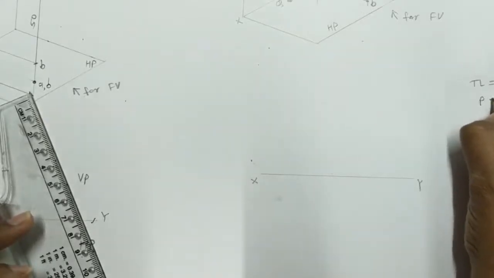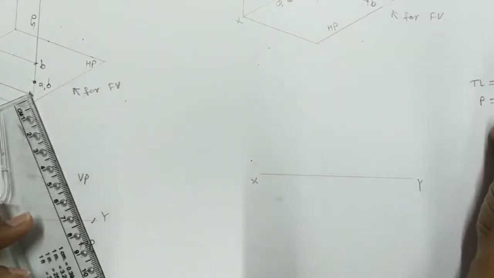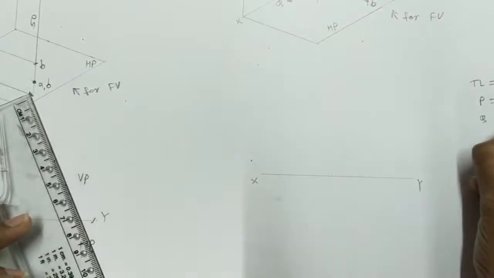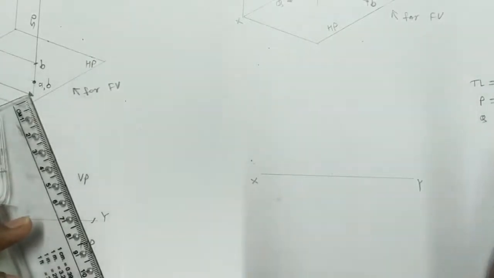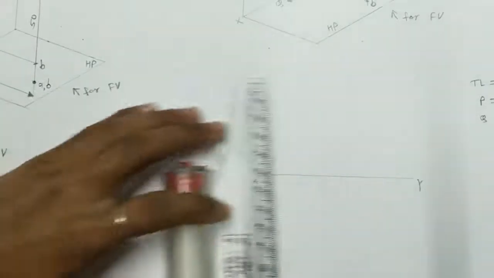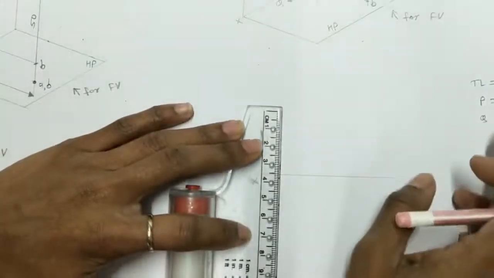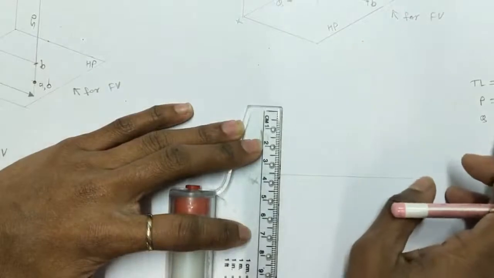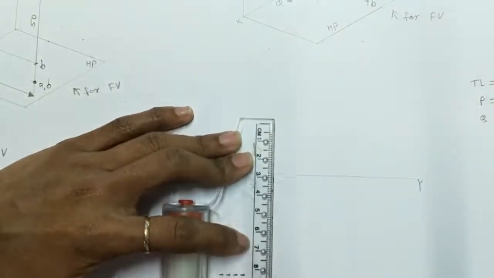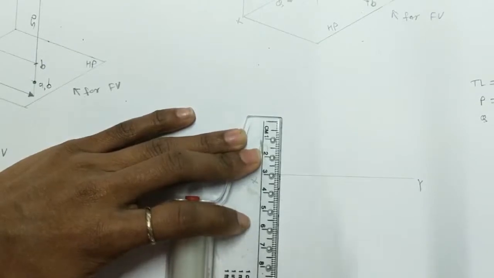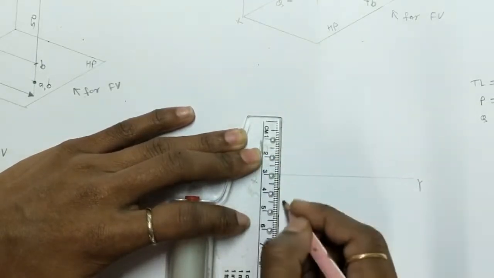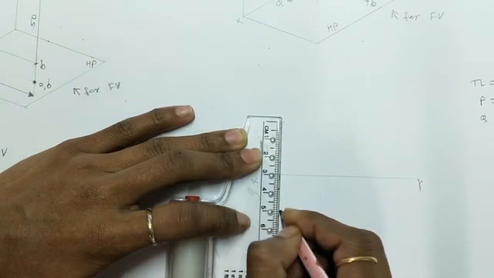So 30 mm above HP, that is P is 30 mm, and 20 mm in front of VP, that is Q is 20 mm. So we have to draw a line having distance 30 above and 20 below.